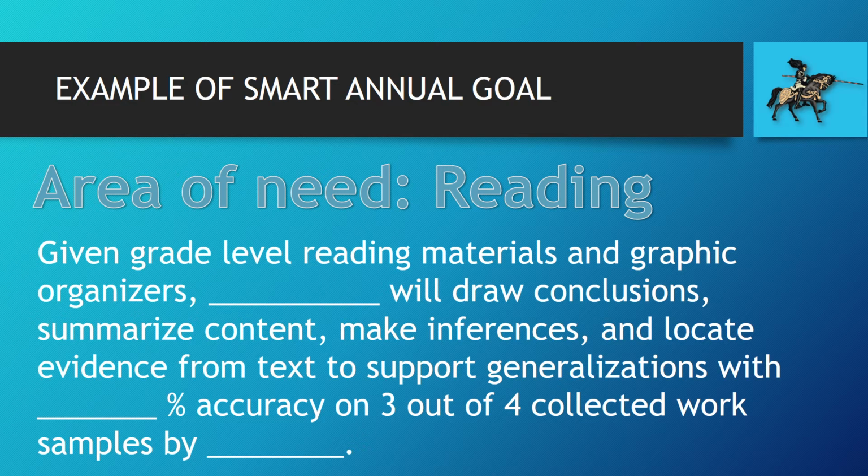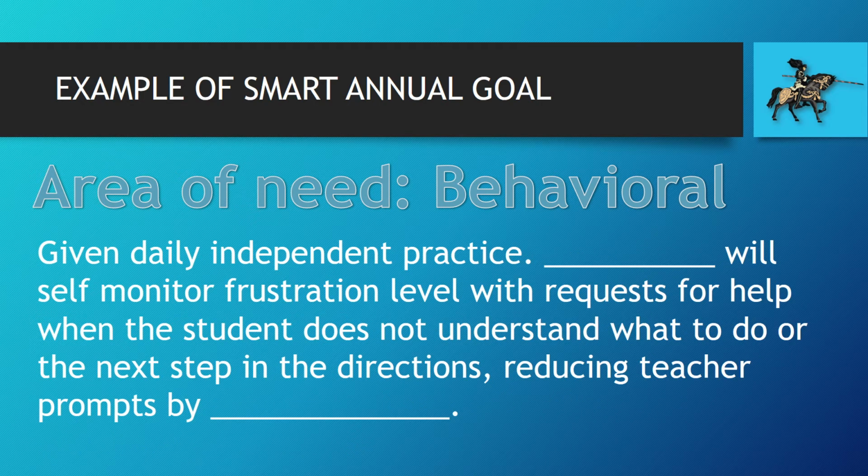Here's an example of a SMART goal in reading with steps 1, 2, 3, and 4. Here's an example of a SMART goal in behavior with steps 1, 2, 3, and 4.